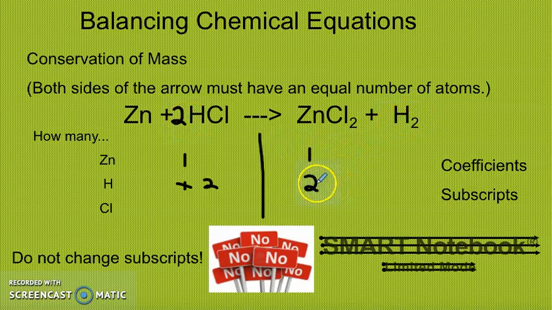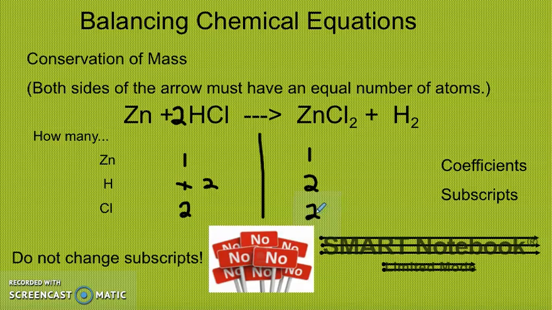And we still have the 2 hydrogens here. So now with chlorine, let's see what we have. Okay, we have a hydrochloric acid molecule here, which means there are 2 hydrogens and 2 chlorines. So that is correct. We have 2 chlorines right here. And let's see what we have here. Yes, we have 2 chlorines right here.